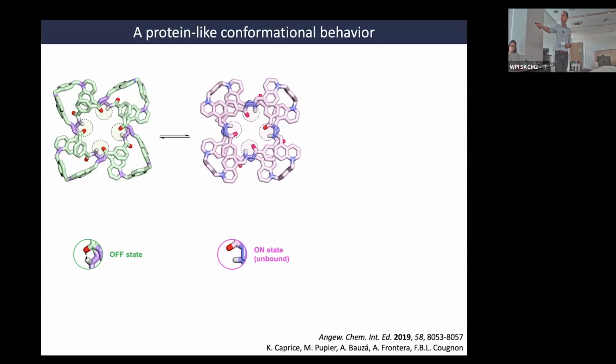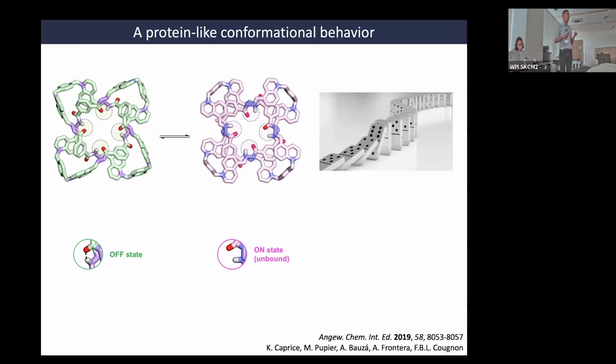But when you switch to the purple conformation, you break the hydrogen bond, and then the two components are now able to bind water. And so you have 4 binding sites, but they are interconnected. Either all of them are in an off position, or all of them are in an on position, and they all switch together because of the topology of the compound, a little bit like in a game of falling dominoes, because it's all entangled, and therefore if you open one binding site, you switch on all the other binding sites immediately. Makes sense.